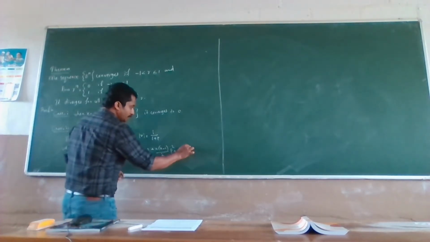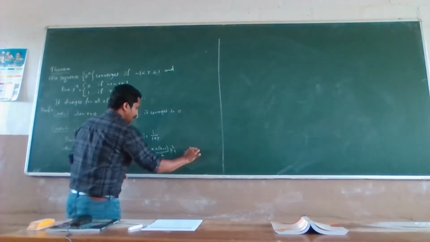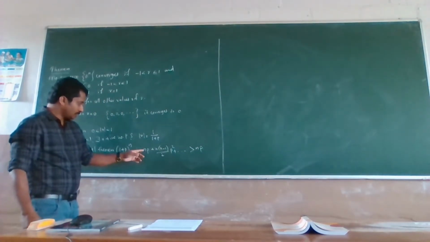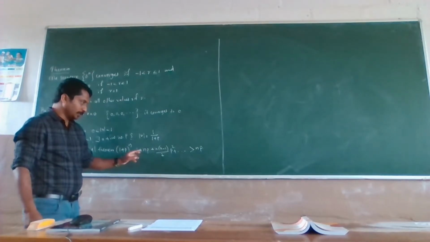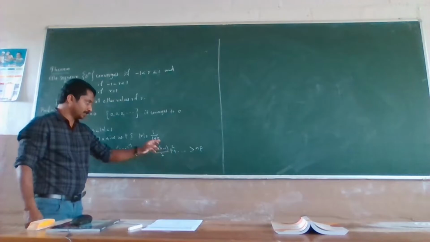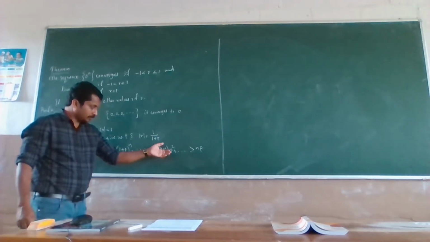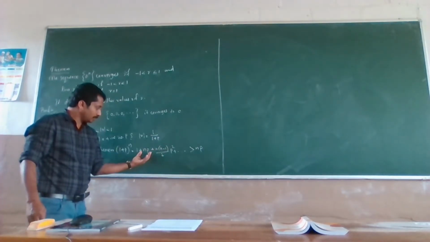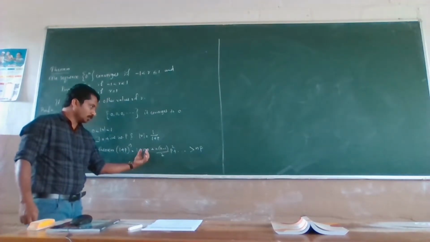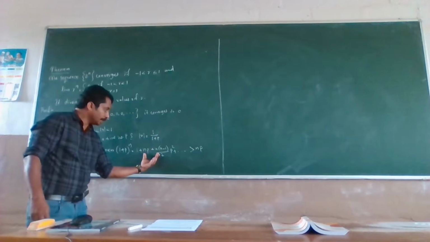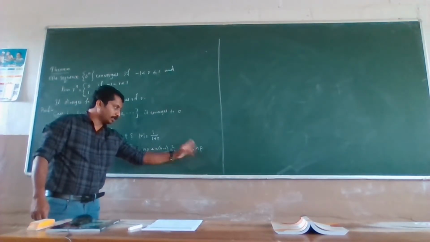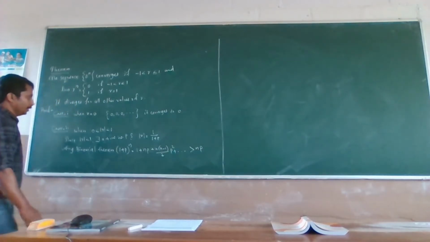And this quantity is clearly greater than np, since all the terms are positive. 1 is positive, and n into n minus 1 divided by 2 into p square is positive, since p is positive. All the quantities on the RHS of this expression are positive. So this quantity will be clearly greater than np.